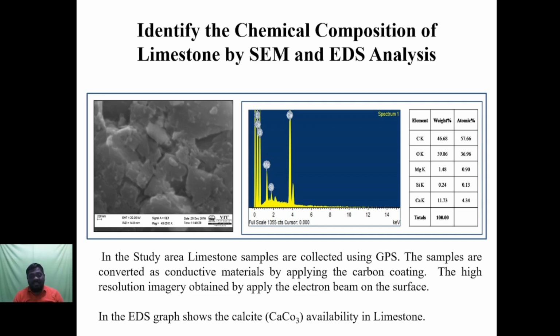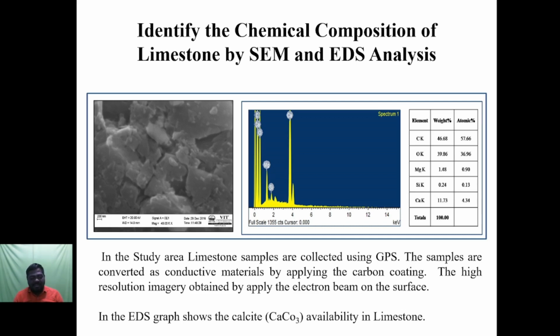To identify the chemical composition of the limestone, because I am not a geological person, I will take the sample and use the scanning electron microscope instrument and the EDS instrument. This instrument gives the microstructure of our study area. So we take the sample and need to make it into dust particles.